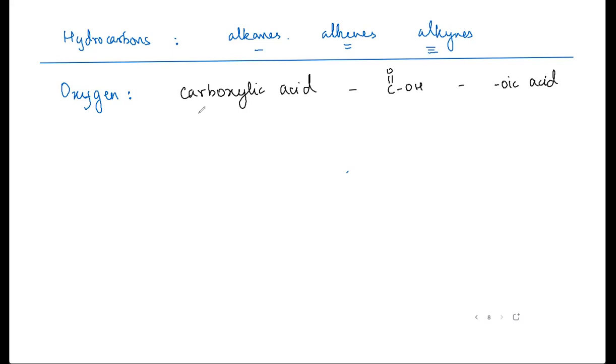And then a derivative of carboxylic acid is esters. In place of hydrogen, if you substitute an alkyl group, you get an ester, C double bond O OR. So the IUPAC name is alkyl alkanoate.